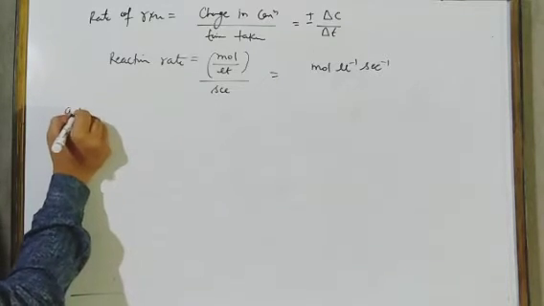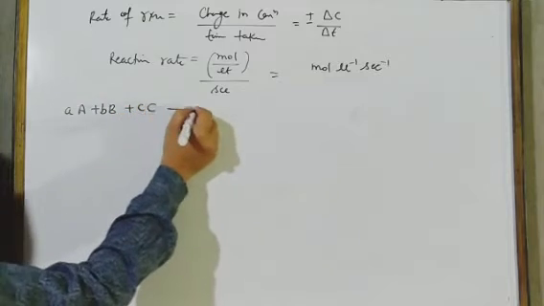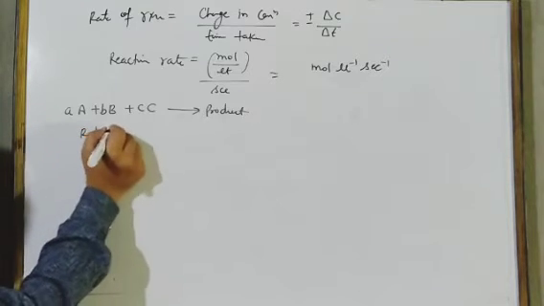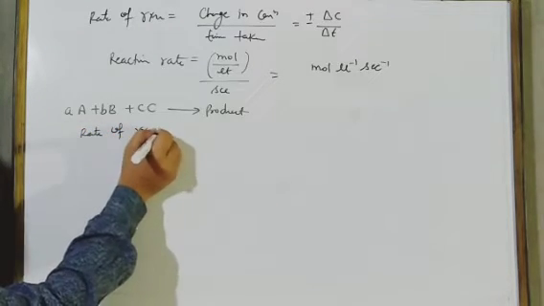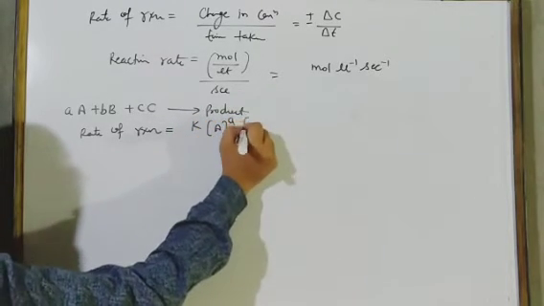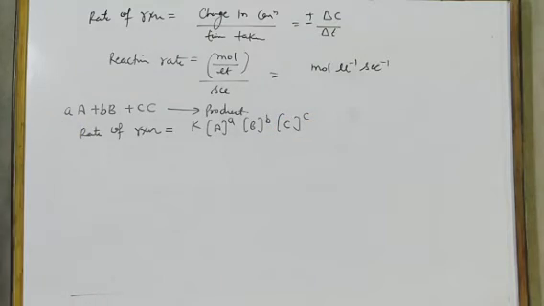For any reaction aA plus bB plus cC forms product, the rate of reaction is equal to K [A] raised to power a, [B] raised to power b and [C] raised to power c, as we studied earlier.